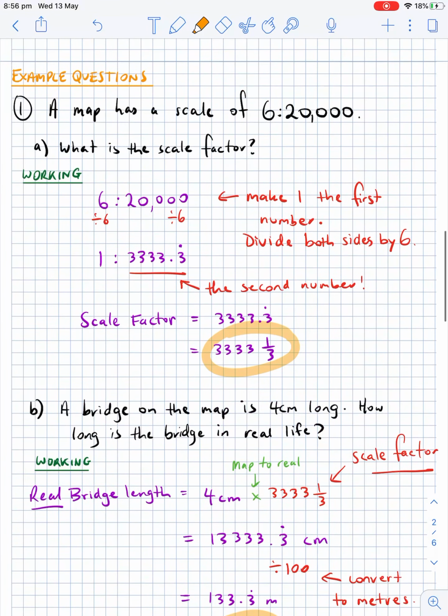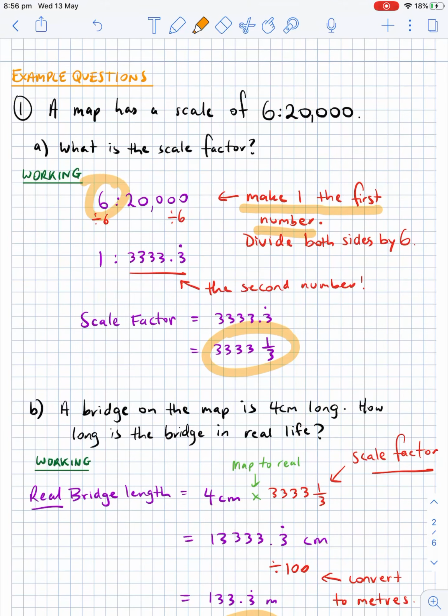Let's do some example questions. A map has a scale of 6 to 20,000. So remember that 6 is the map length, and 20,000 is the real life length for this ratio. What is the scale factor? First thing we need to think of is to make 1 the first number.